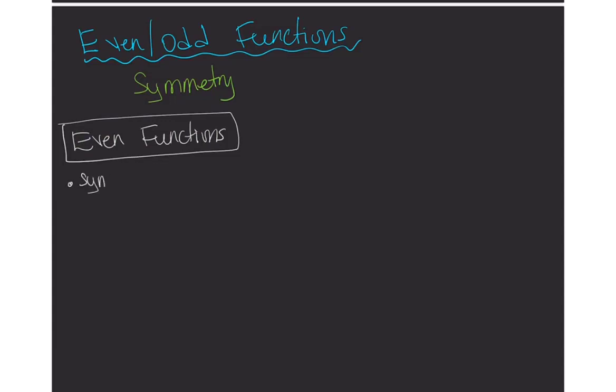So an example would be if we have our little xy plane. Here's our y-axis. So whatever it looks like on the left side, it's going to look just like that on the right side. So the easiest and cheesiest example would be a nice little simple quadratic. Those would be like our even functions.